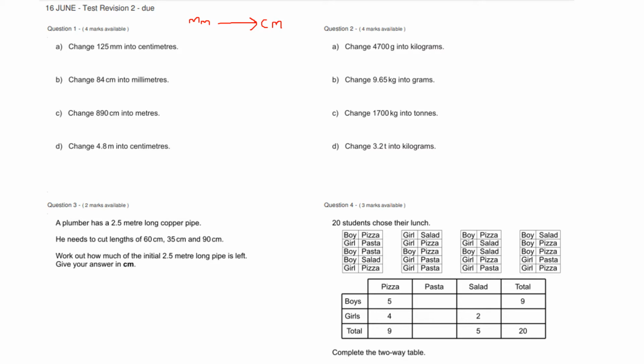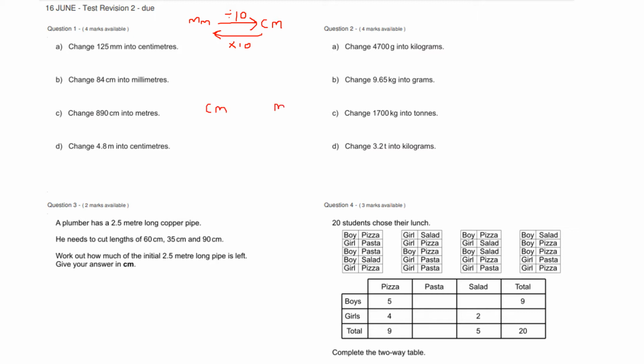Now, because there is 10 millimeters in 1 centimeter, if you want to get from millimeters to centimeters, you divide by 10. And if you want to go back the other way, centimeters to millimeters, you're going to times by 10.